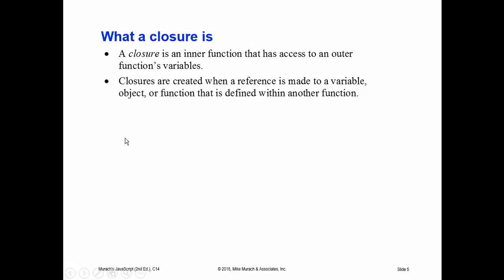Closures are created when a reference is made to a variable, object, or function defined within another function. One common way to create a closure is for an outer function to return the inner function. Closures keep extra scope in memory, and these can cause performance problems when they're overused.